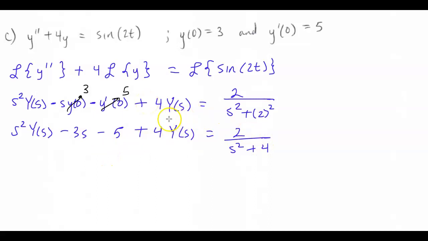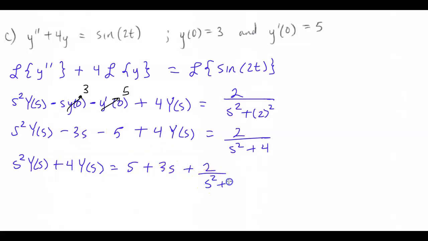And of course, from here, our goal is to get all terms with Y of s on the same side, everything else on the other side. So we'll have s squared Y of s plus 4 Y of s. And this will be equal to 5 plus 3s, because these need to be added to both sides, plus 2 times s squared over 4. Of course, from here, we could factor out Y of s.